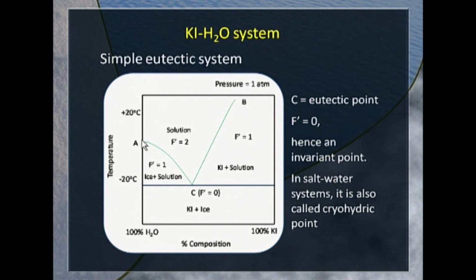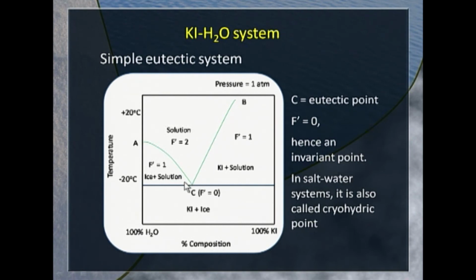As I told you, A is the freezing point of water, that is 0 degree centigrade, and as you add potassium iodide to it, the freezing point decreases and reaches the point C, and this gives us the solubility curve of potassium iodide. The two curves intersect at point C, and experience tells us that when you have the two curves intersecting, there will be three phases: ice, salt and the solution.